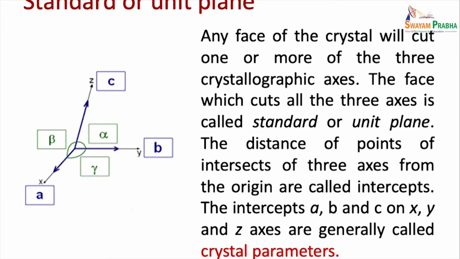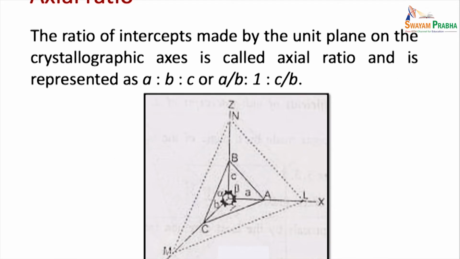Now let's talk about axial ratio. The ratio of intercepts made by a unit plane on the crystallographic axes is called the axial ratio and is represented as a is to b is to c, or a upon b is to 1 is to c by b. You see this is a face.